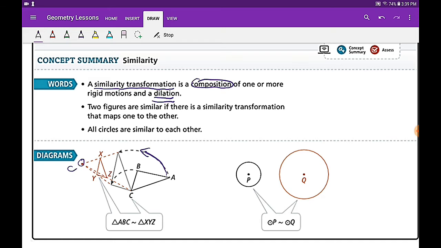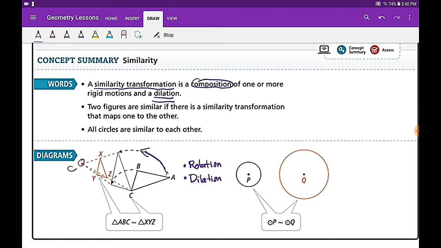Triangle ABC is similar to triangle XYZ because the transformations that can happen are, number one, rotation, and then we have the dilation, which is the key ingredient. Dilation maps triangle ABC onto triangle XYZ.